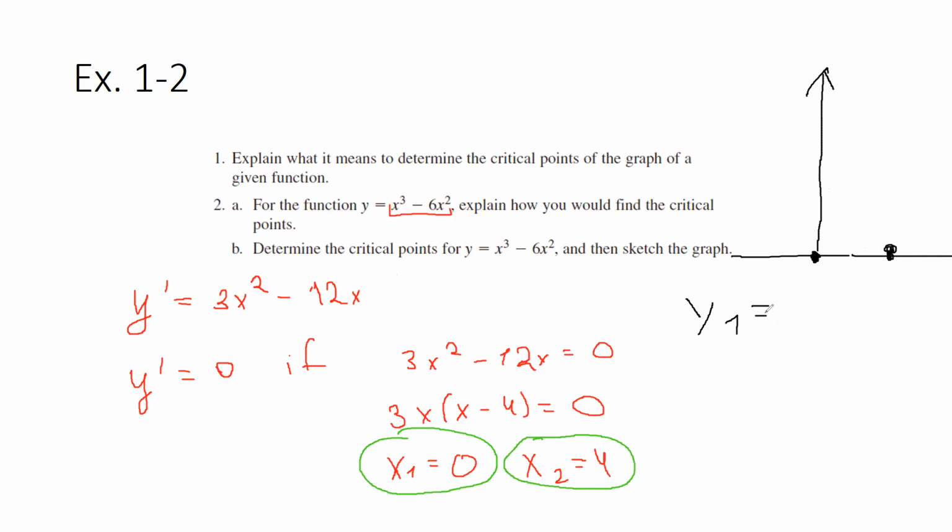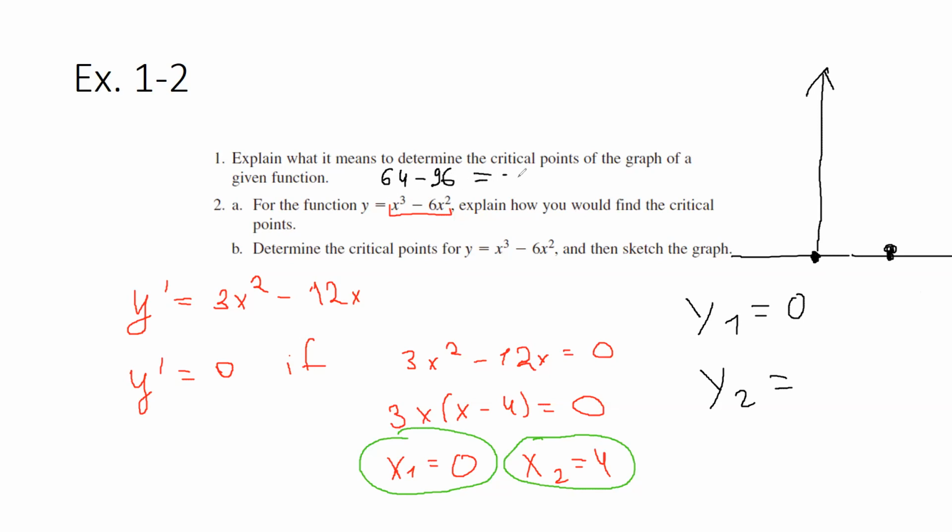y1 would be equal to 0, and y2 would be equal to 16 times 4, which is 64, subtract 96.